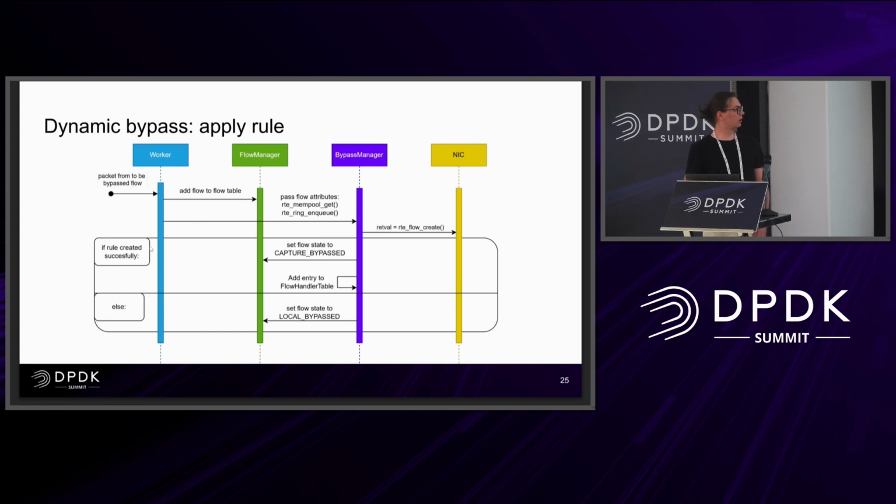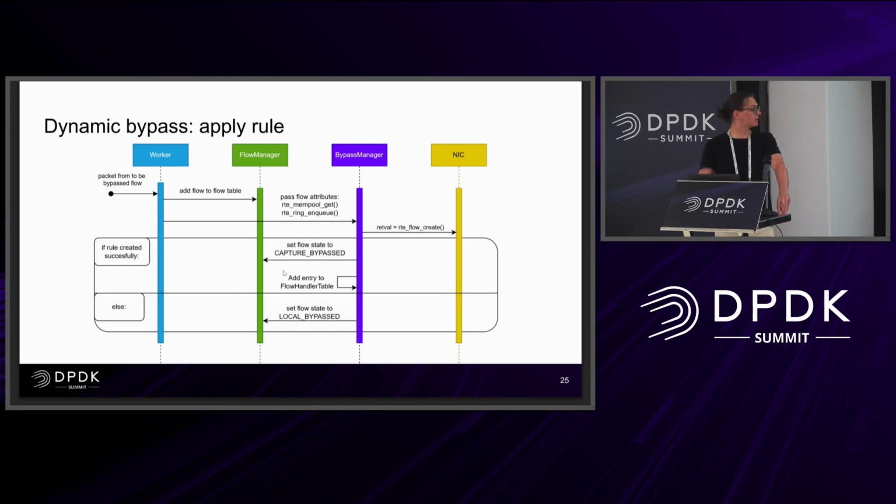If the rule was created successfully, we then set the state of the flow to capture bypassed. That means that Suricata doesn't have to worry anymore about the state of the flow because it's bypassed, and we add an entry to the local flow handler table.